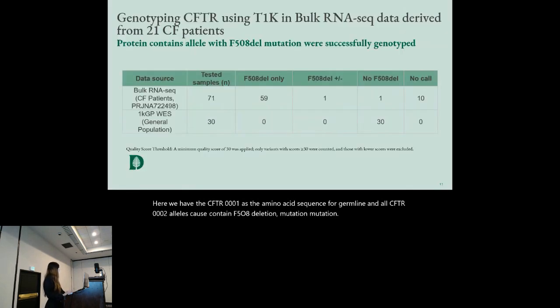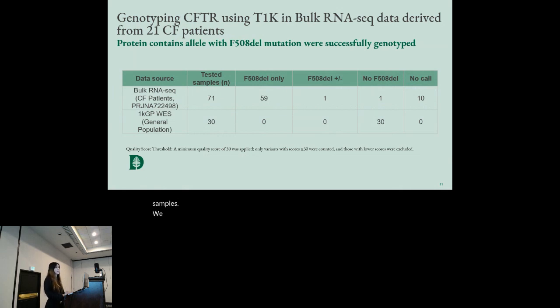We next test T1K's performance on real datasets. We genotyped CFTR using T1K in bulk RNA sequencing data from 21 CF patients, including their bronchial and nasal samples. We also randomly picked 30 individuals from the 1,000 Genomes Project for their whole exome sequencing data to represent a general non-diseased cohort.